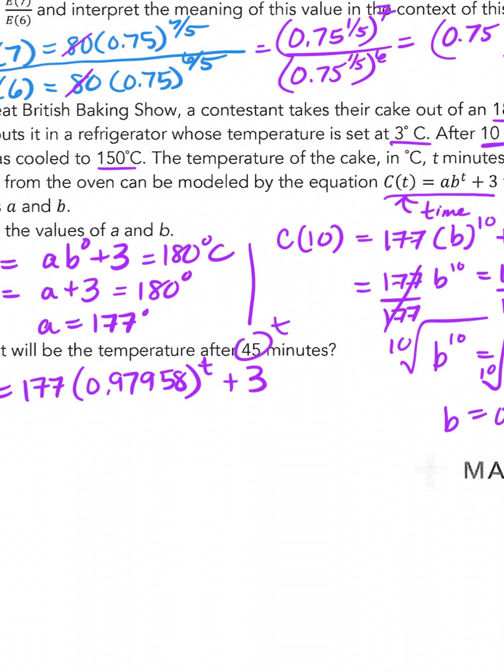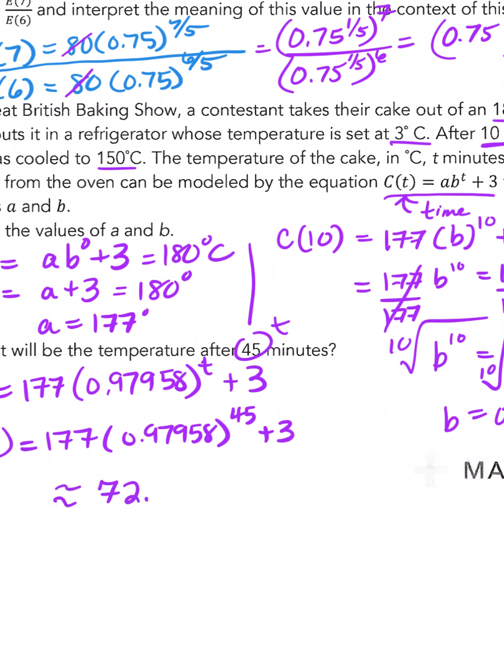This is our t. So now we're just going to find C of 45, which is approximately, if you do this on your calculator, 72.94 degrees.